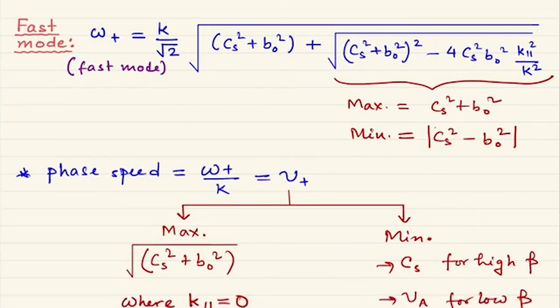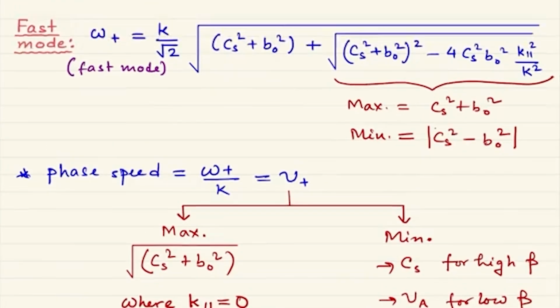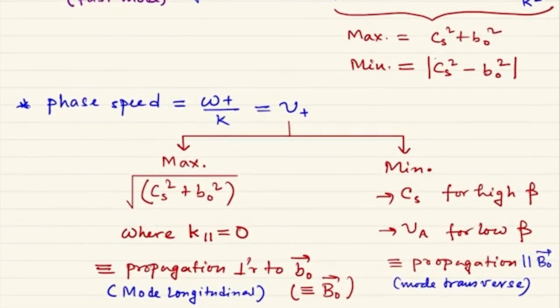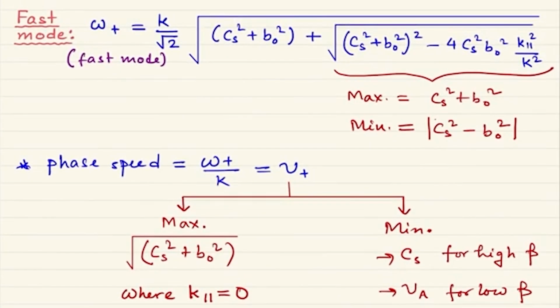Let me just start by saying the maximum case. For the phase speed, which is omega by k, omega plus by k will have the maximum value when this has the maximum value.